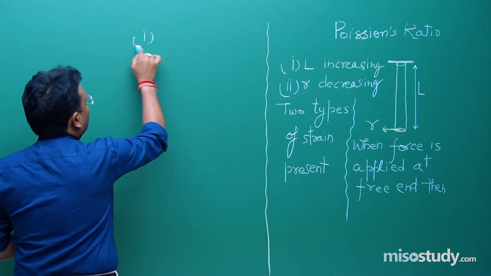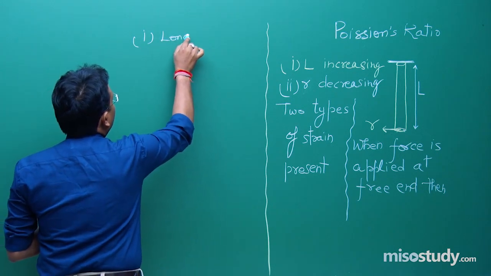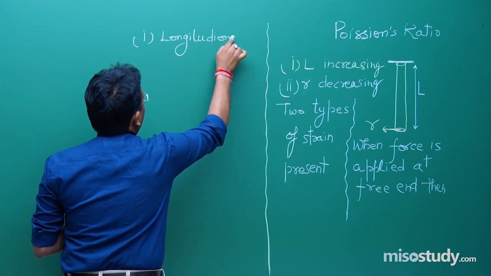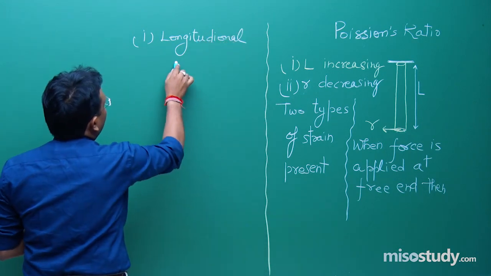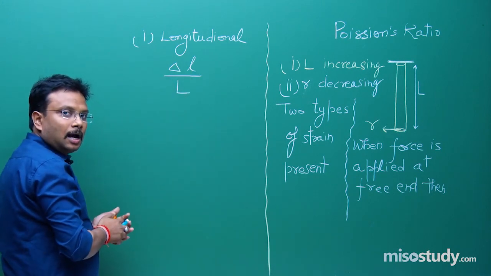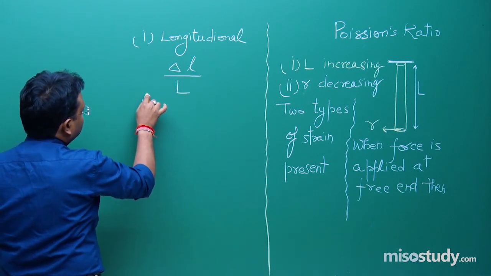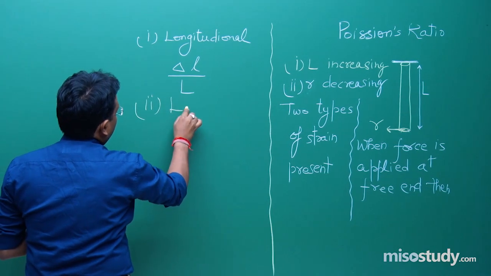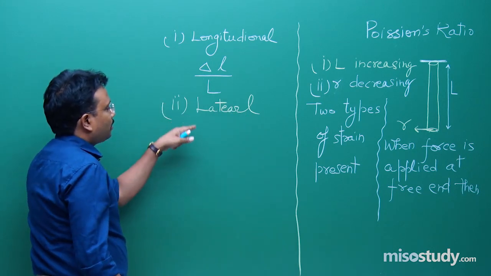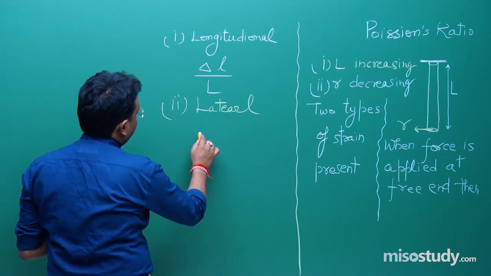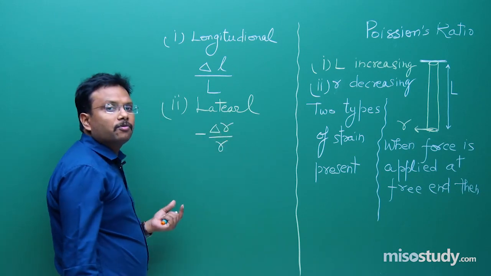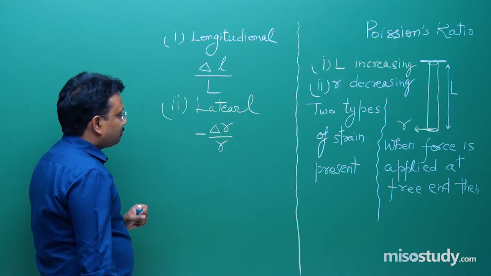Number one, longitudinal, that is delta L by L, and another is lateral. Both are strains. Lateral is minus delta r upon r. Why minus? Because one is increasing, another is decreasing.